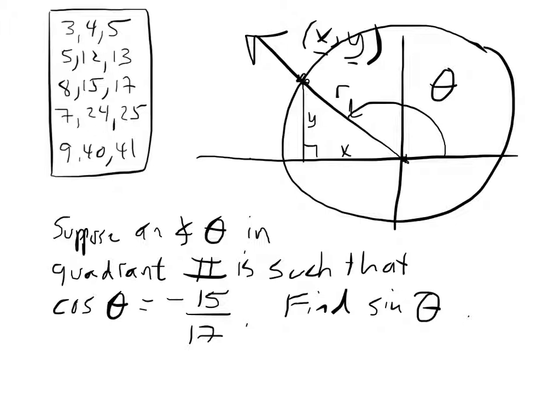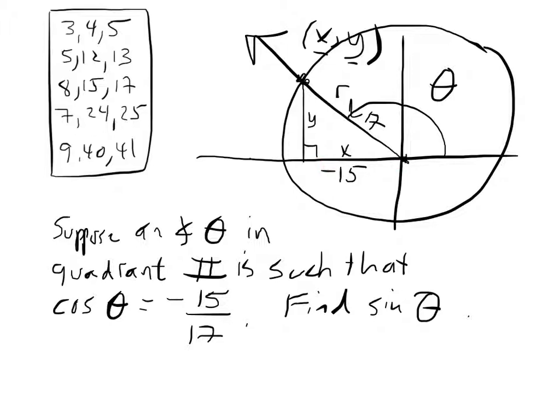So I've got negative 15/17. Could I simply label x to be negative 15 and r to be 17, and would I then have the cosine of my angle be negative 15/17? Indeed I can, and that's what I'm going to want to do. I've got a right triangle and I'm looking to find that y.